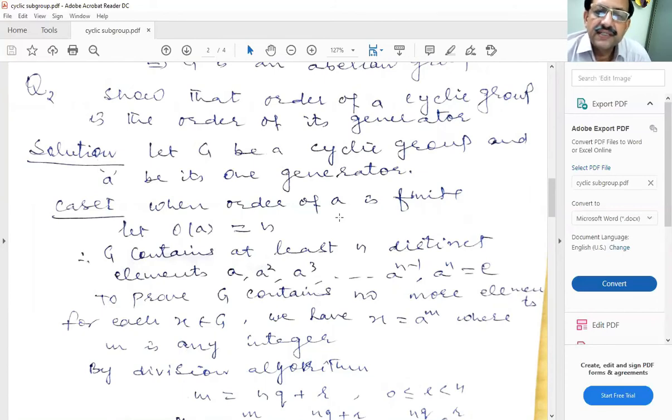Therefore, G contains at least n distinct elements: a, a squared, a cubed, and so on, a raised to power n minus 1, a raised to power n. a raised to power n is equal to e, because by the definition of the order of an element, a raised to power n is equal to the identity.